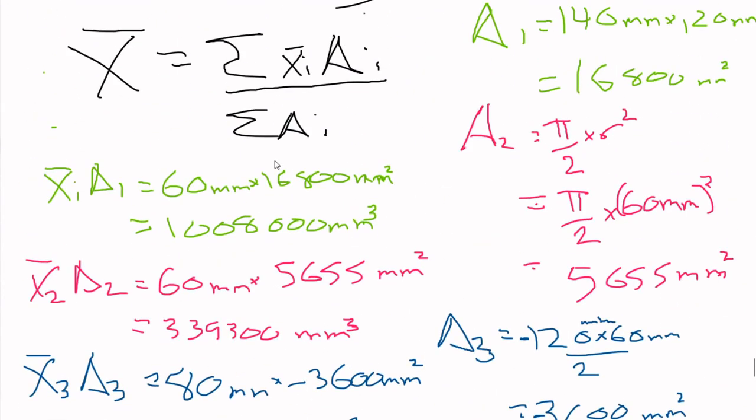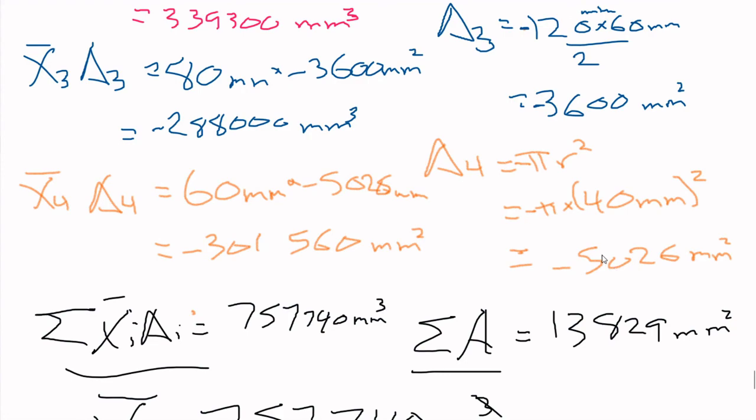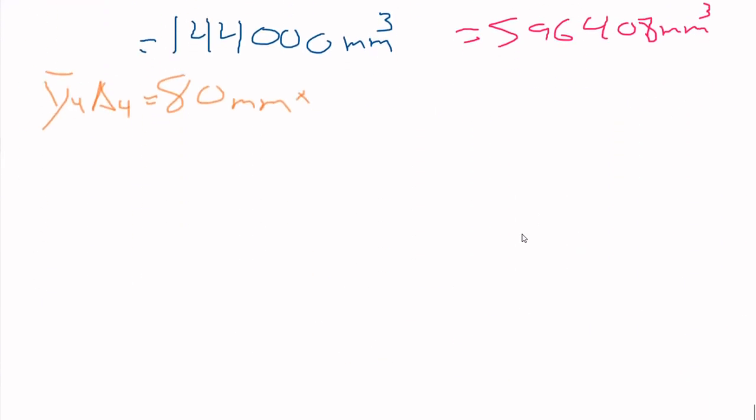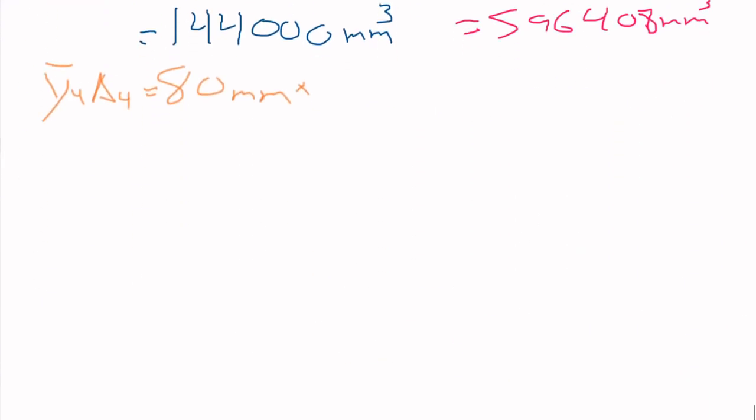We've got 80 millimeters, and our area is negative 5,026 millimeters squared. So take those two, combine them together, and we get a negative 402,080.